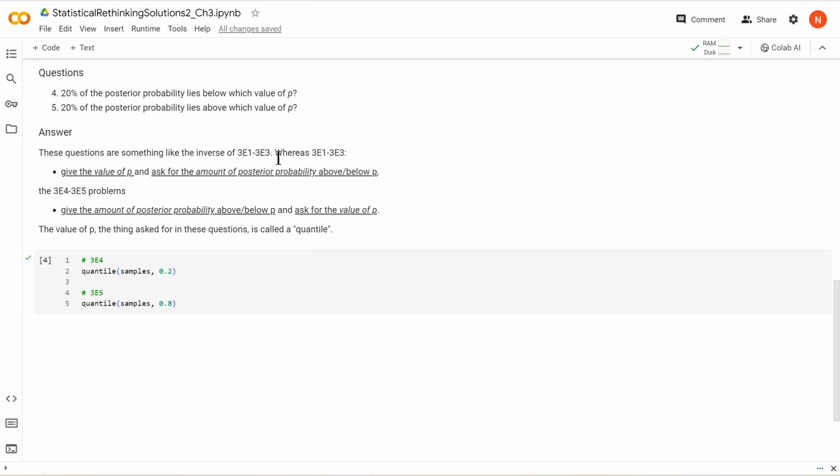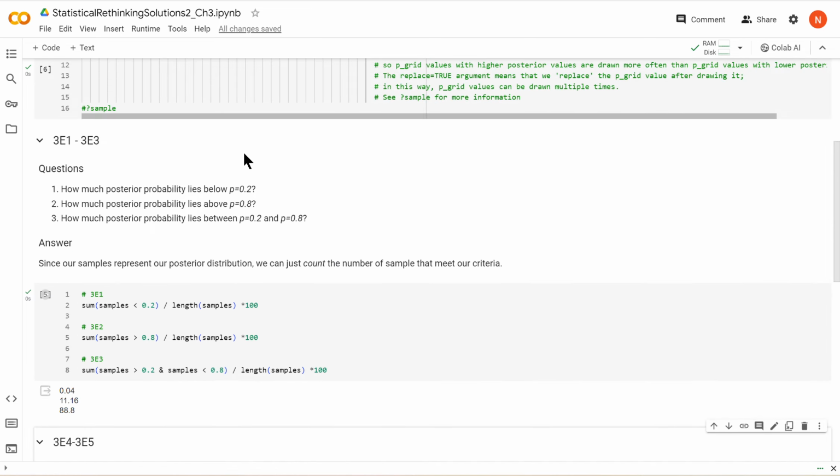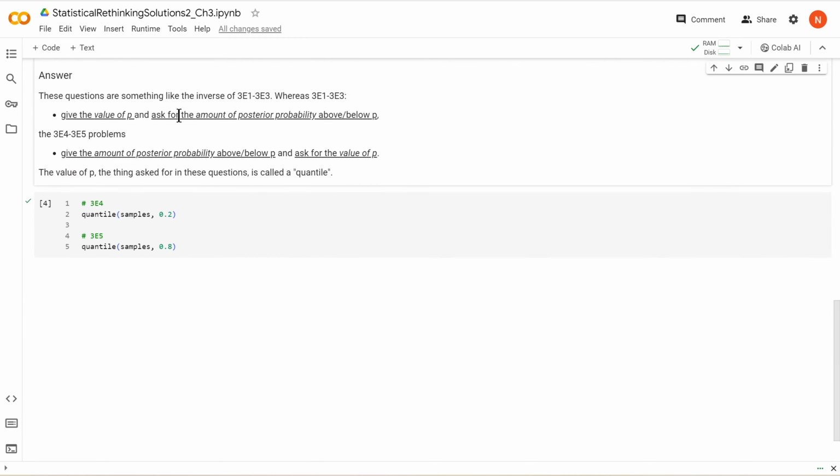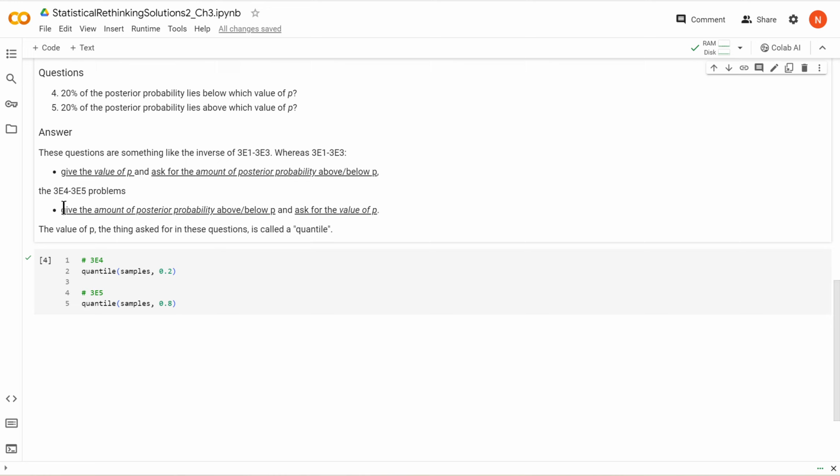In other words, in the first questions, E1 through E3, we are given a value of p, so we're given 0.2 or 0.8, and we're asked how much of the posterior probability lies above or below that value. Here we're given the opposite information. We're given the amount of the posterior probability above the value of p, and now we're being asked what value of p is this.